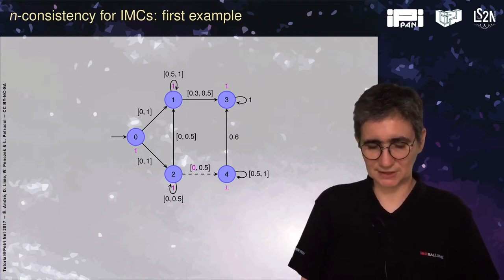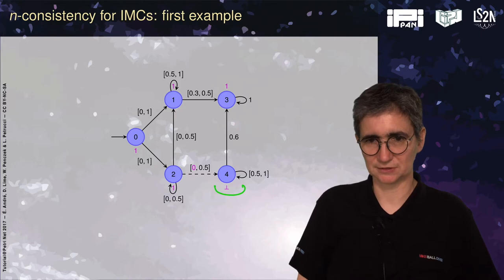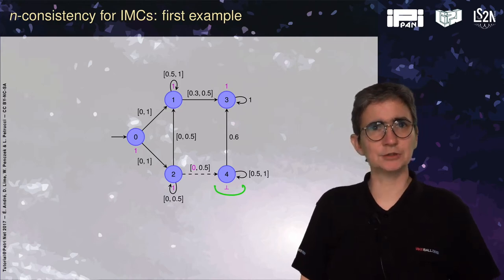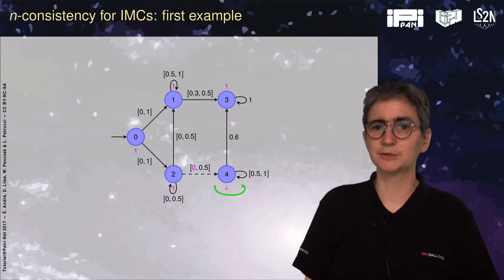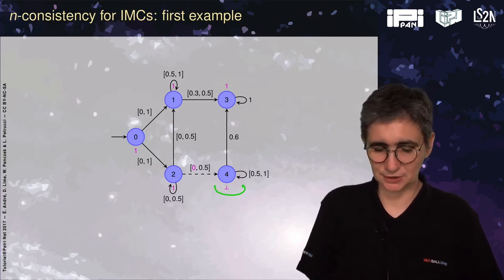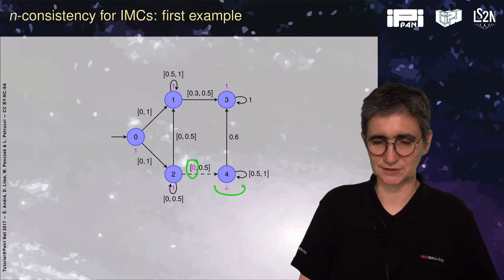We know that state 4 is not zero consistent. So we should not go from state 2 to state 4. Therefore, we must choose a probability 0 to go from state 2 to state 4.